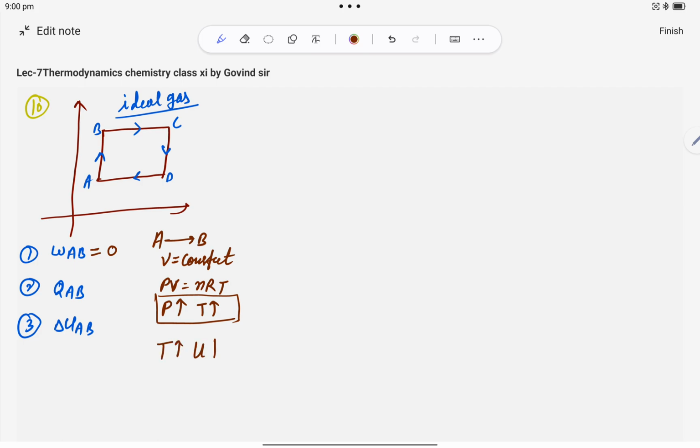U depends upon temperature in ideal gas. U also increases. So if internal energy increases, then change in internal energy will be positive, yes or no? So it is greater than 0.